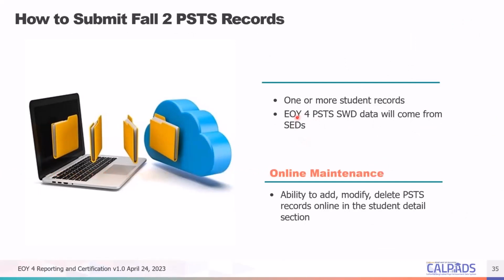If your SEDS vendor has the ability to submit multiple responses for the survey, then that would be good. If not, then you can manually add those responses to CalPADS. Let's say a student was in the military and also in college at the same time, then those are two responses, and you have to report that to CalPADS. That essentially is the part for PSTS.